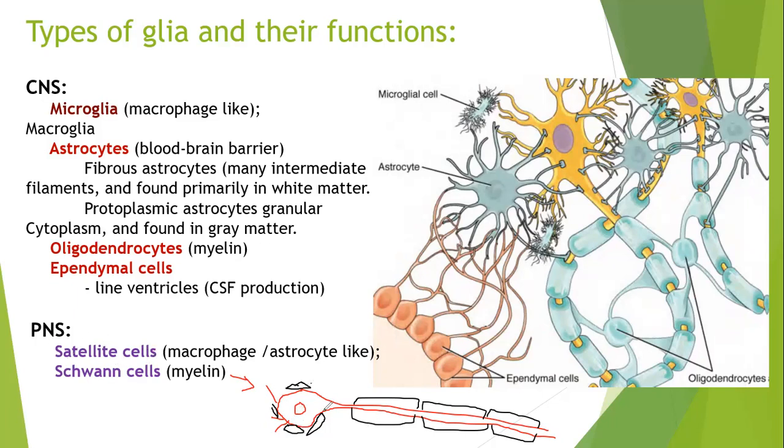And most of the time where you're going to find them is usually at an aggregation of cell bodies outside the CNS. So do you remember what you call an aggregation of cell bodies that are located outside the CNS? Who can remember?